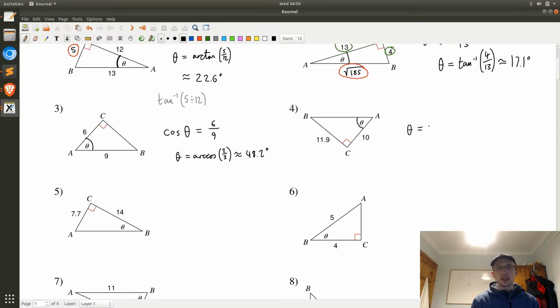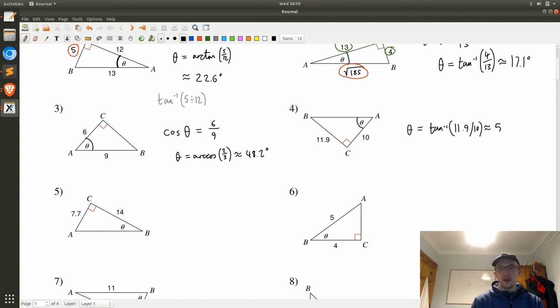So theta equals the arctangent of 11.9 over 10, which, if you enter into your calculator, is 49.95958, which to the nearest tenth is 50.0.